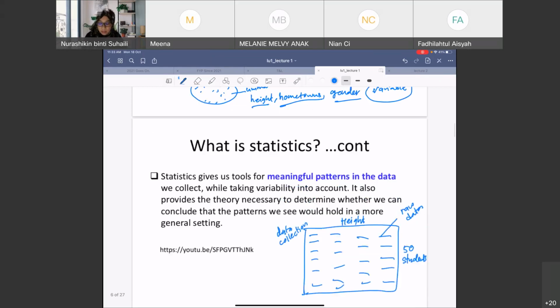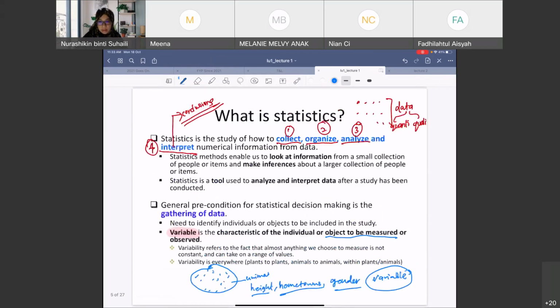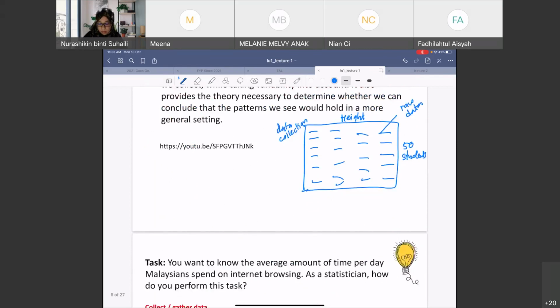Then what I'm going to do next is organization. Remember the steps just now? I need to organize the data. In order to reach a conclusion about height at the end, I have to go through all the stages: collection, organization. How am I going to organize the data?